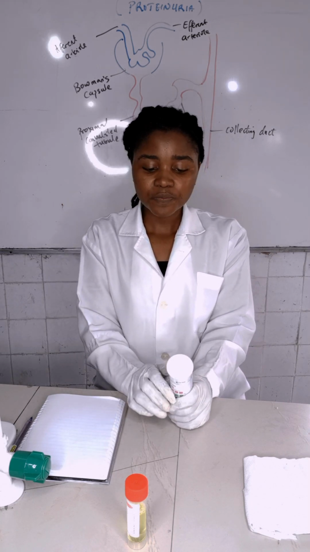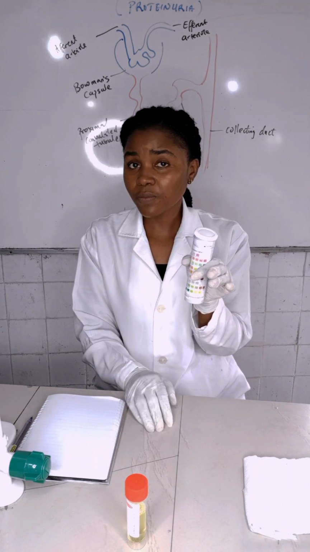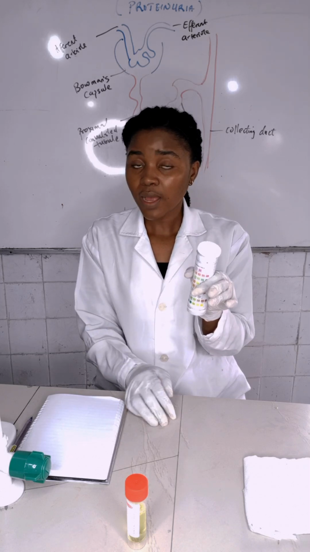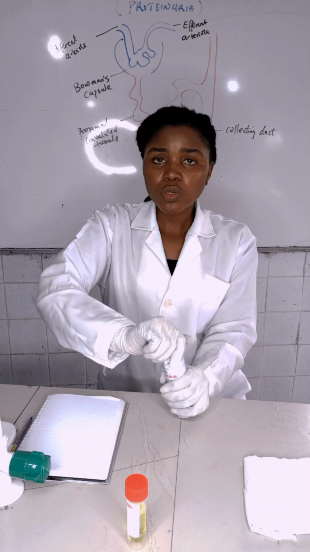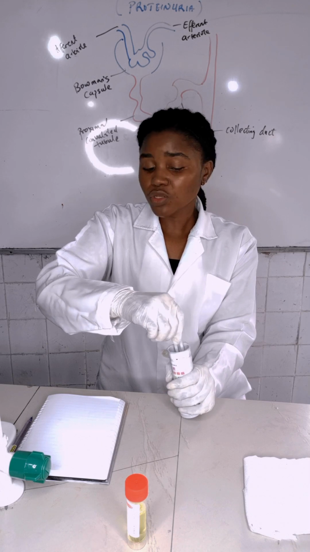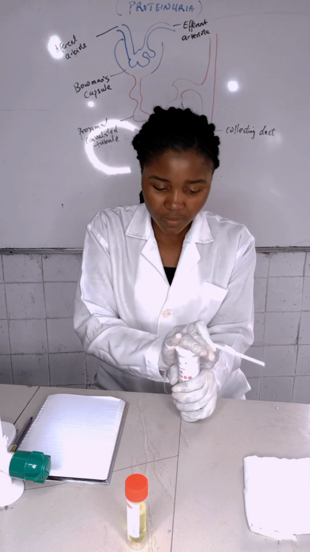That is for a reason. It is meant to protect the strips inside from atmospheric moisture, because moisture from the atmosphere can get into the strip and cause it to get discolored and damaged. So each time you want to use this, you open, collect the strip you want to use, and then replace the cover immediately.